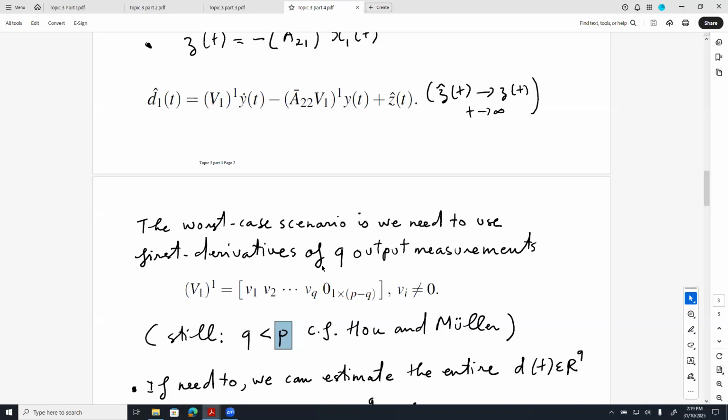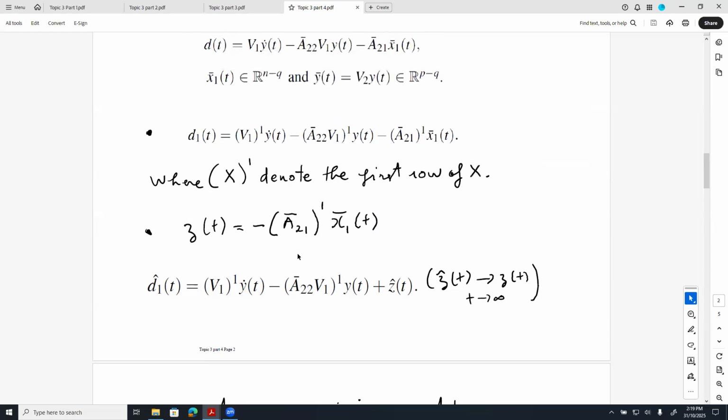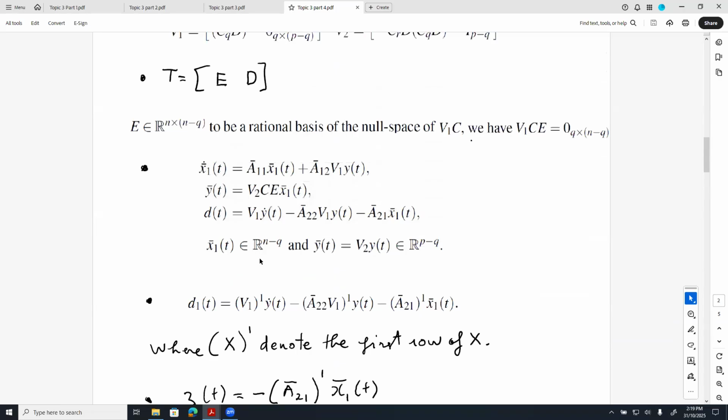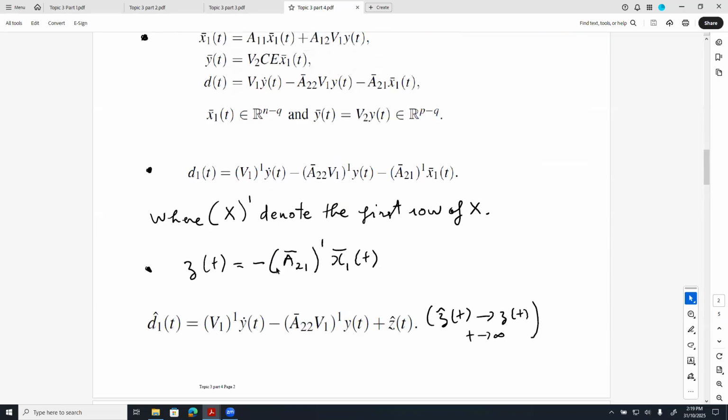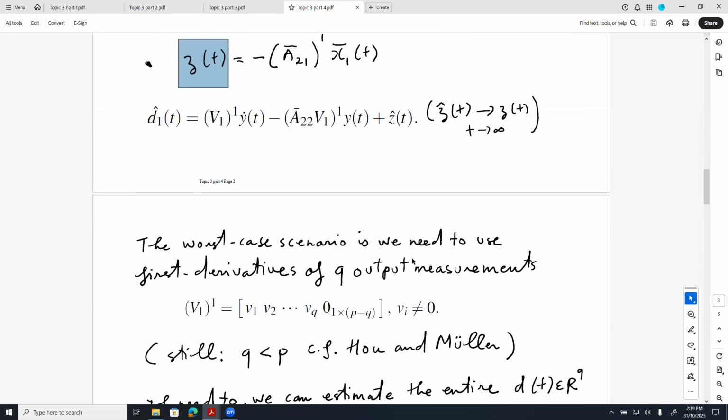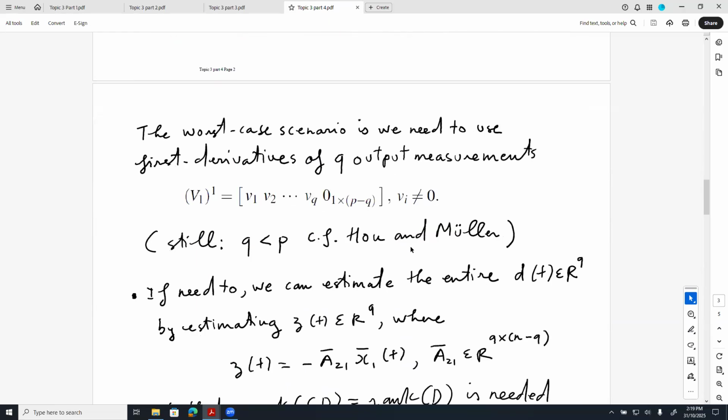Okay, so this is just an improvement over that, in the sense that we only need to use up to q output differentiators, and we also design a linear functional observer instead of a full order, a reduced order stack observer to estimate the entire stack vector x bar 1 of t.